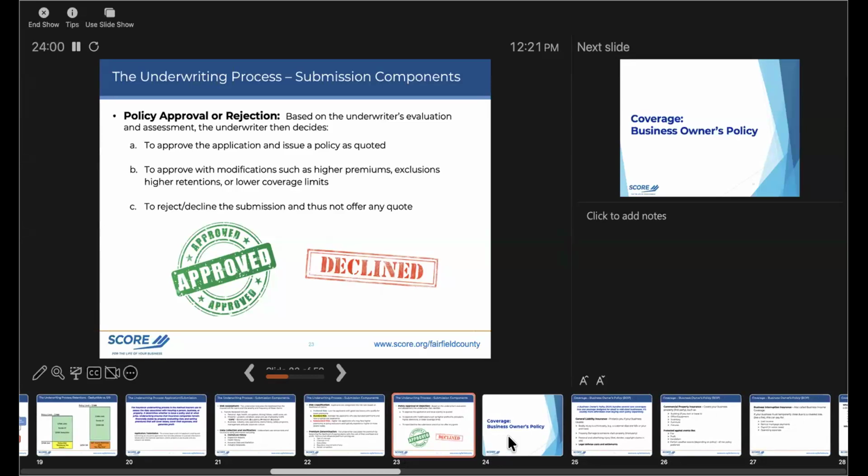Now, the process is basically you submit, the underwriter will release a proposal. It wouldn't automatically bind you into coverage, but would offer a proposal or a quote, and then you and your agent and or broker would evaluate each one of those proposals, compare and contrast, and decide which one you want to go with.